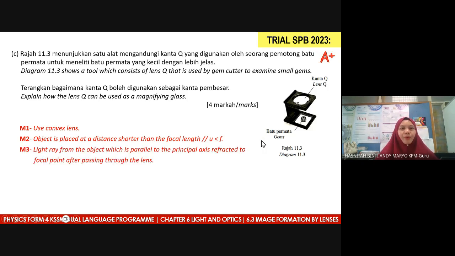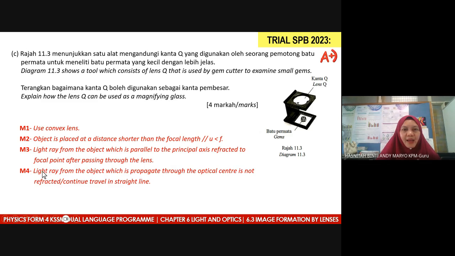Okay, and then what happened? You can tell how the process occurs. Light ray from the object, which is parallel to the principal axis, is refracted to the focal point after passing through the lens. So actually, this is the second rule of drawing the ray diagram. Okay, and then light ray from the object propagating to the optical center is not refracted and continues to travel in a straight line.